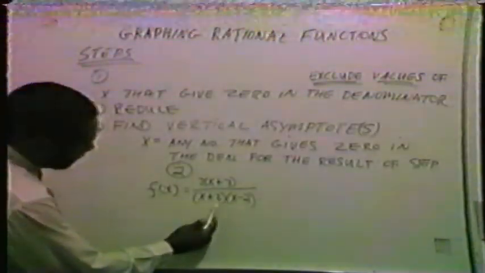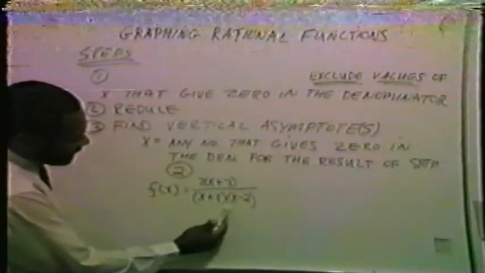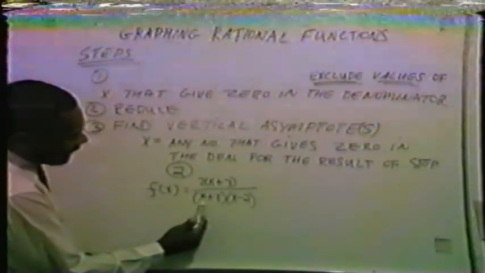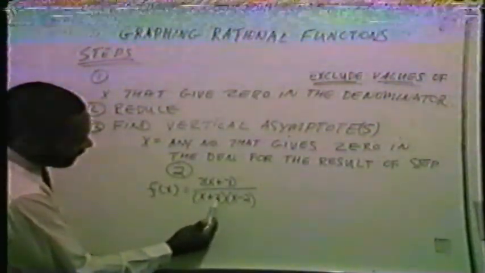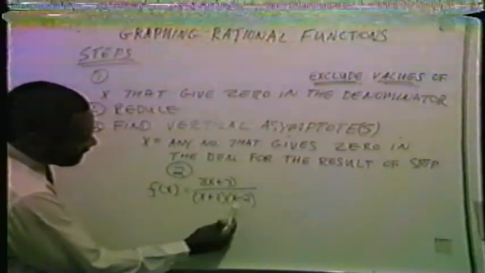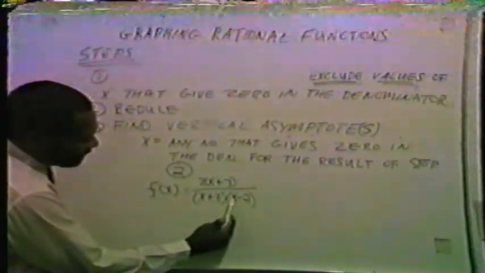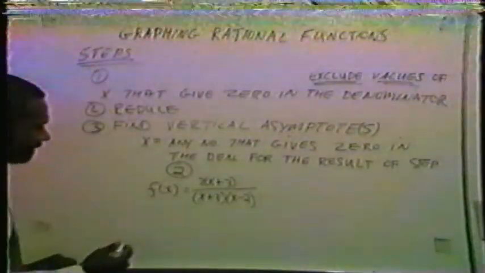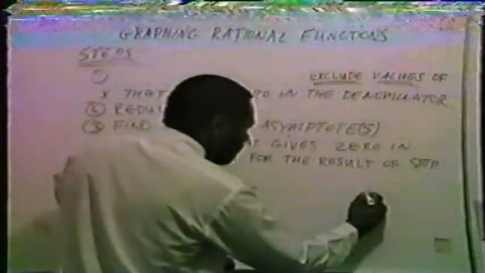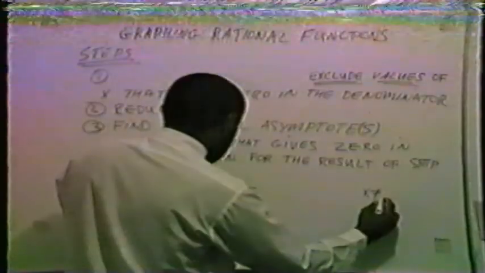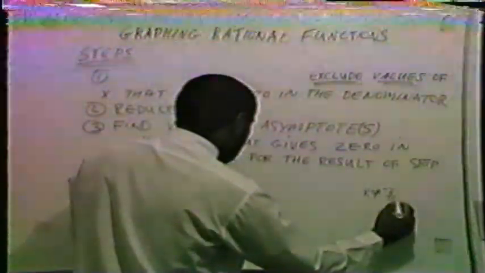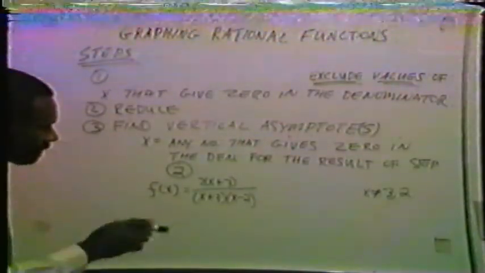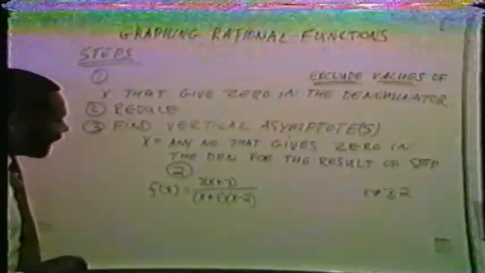First of all, if I look at my denominator, I see that x cannot be negative 3, because if I have negative 3 here, I'll get 0 in my denominator, and x cannot be 2, because if I have 2 here, I'll get 0 in my denominator. So those are the values I have to exclude. I have to say that x cannot be negative 3, and x cannot be 2. I have to exclude those two values from my domain.